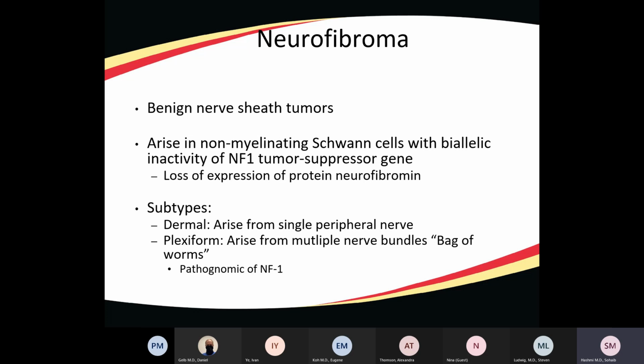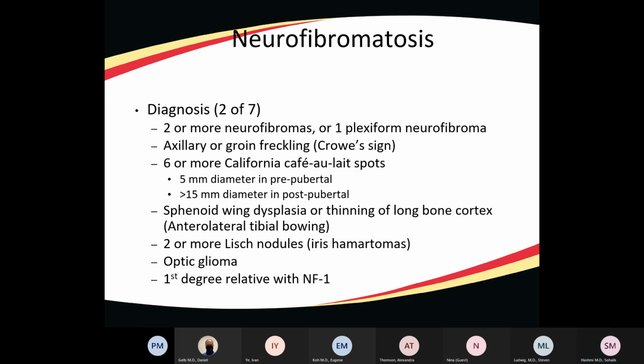So it's actually a loss of expression of the protein neurofibromin, which is characteristic of these types of tumors. There are subtypes: the dermal, which arise from single peripheral nerves, and plexiform, which arise from multiple nerve bundles and are pathognomonic specifically for NF type 1.